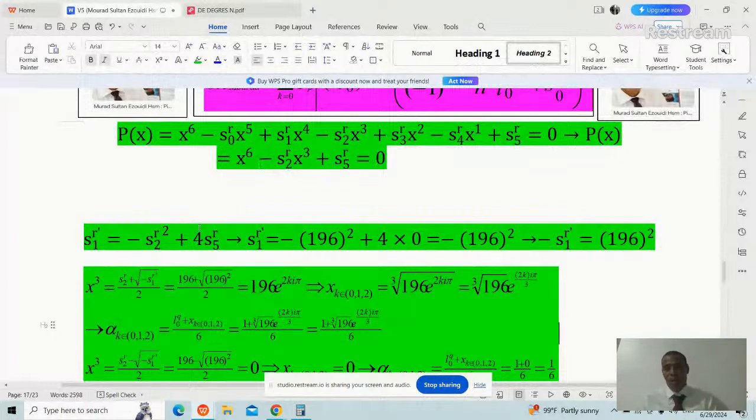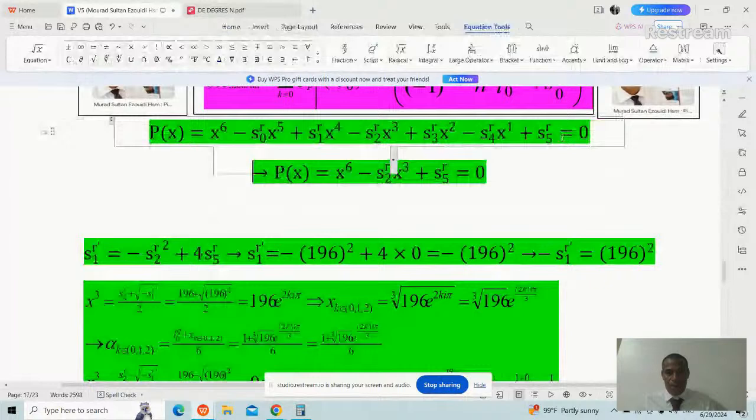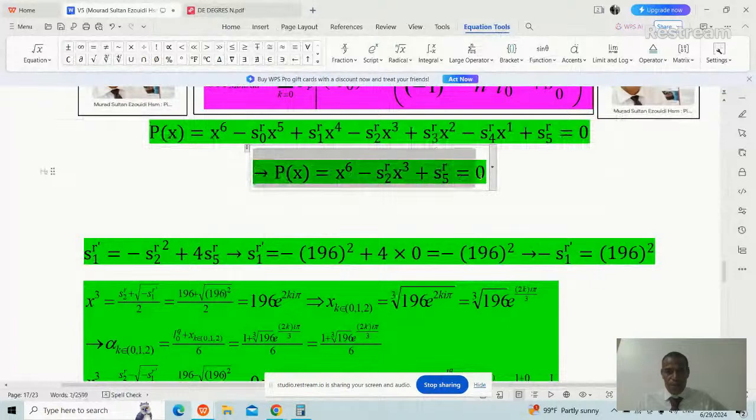Therefore, I will use my formula. I will replace S2 and S5 with their own values.